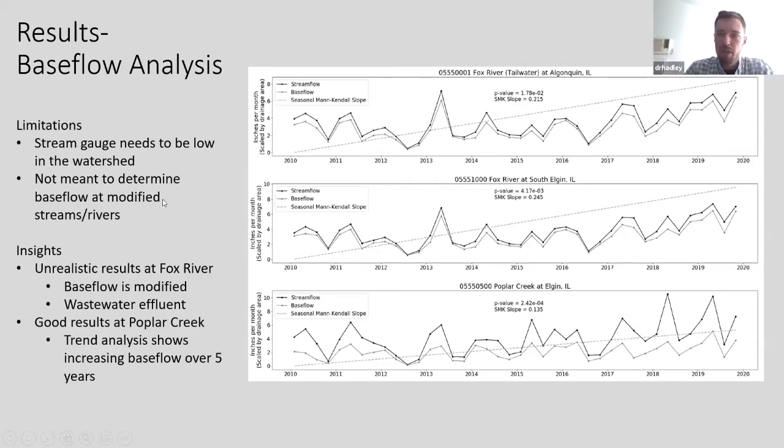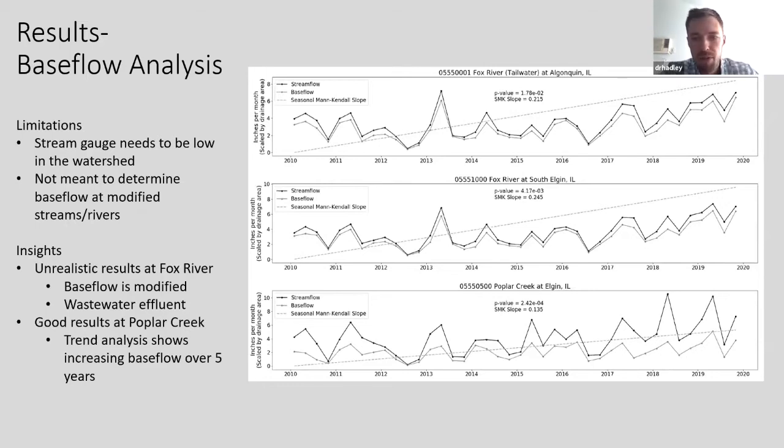There's lots of dams on it, and a lot of the baseflow is from wastewater effluent from communities further north and also in Wisconsin. So the results that we got from the Fox River were fairly unrealistic, and that's because of those two limitations.